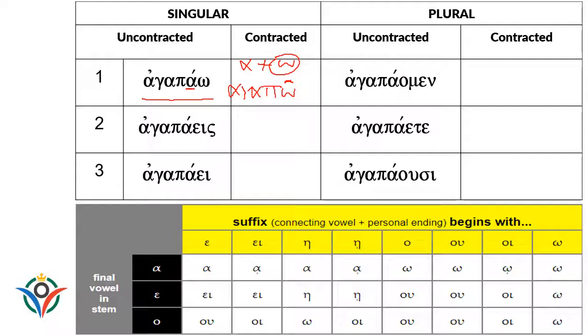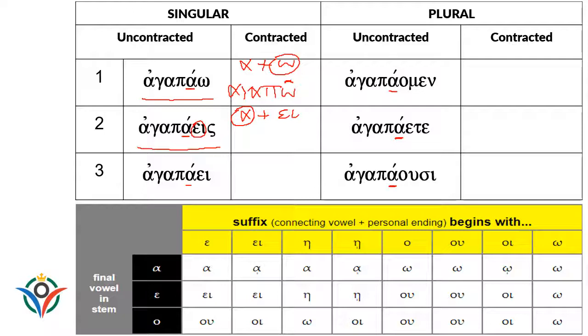The next example is agapes. So here we have the alpha. All right, so the alpha is the contract vowel in all our examples. Right, our verb ending here, we've got a. All right, so it's alpha plus the diphthong a. And we want to retain that iota as even as a subscript. And the alpha is going to contract in its longest form, which is the alpha.